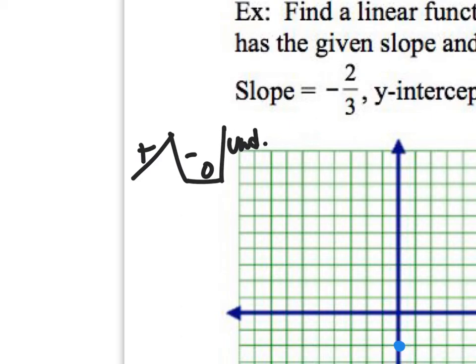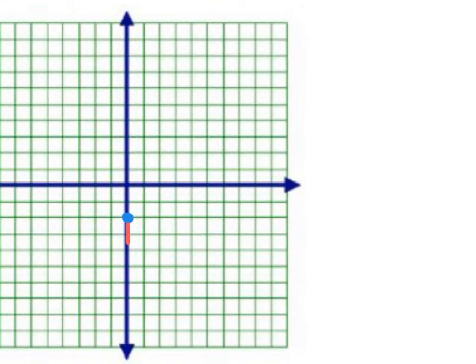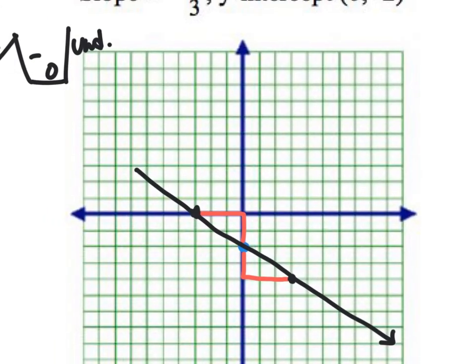Because we have a negative slope, it's going to go in this direction. So I'm going to go down 2 over 3 and plot a point. And I'm going to go up 2 and then over 3 and plot another point. Now I just need to plot a few points. I don't need to plot a bunch because I just need 2 points to draw a line. Okay, and that's all we need.